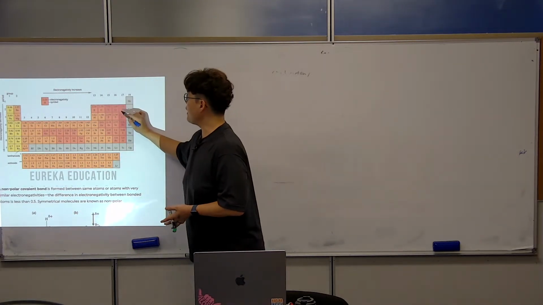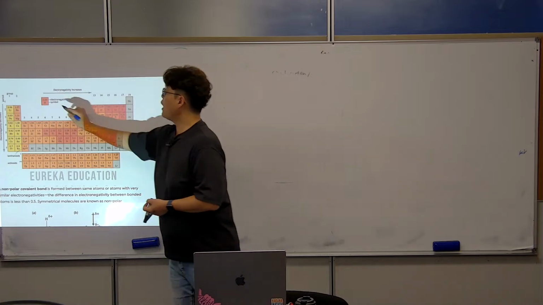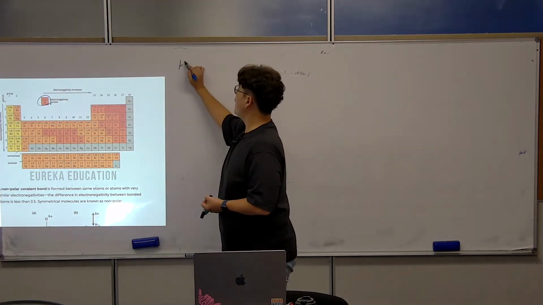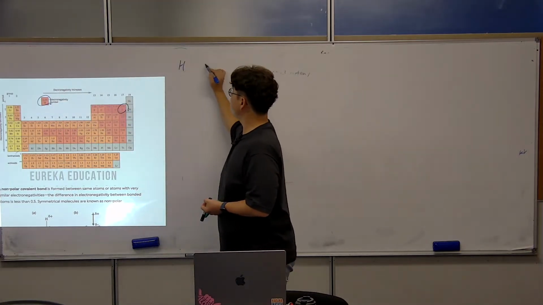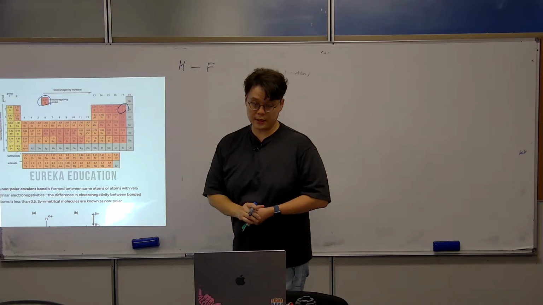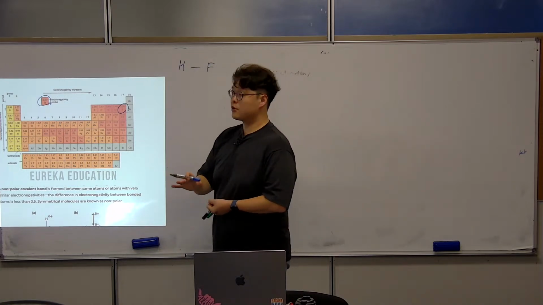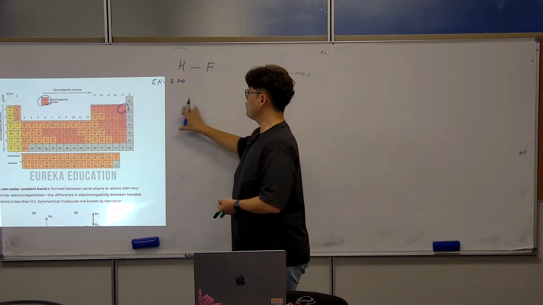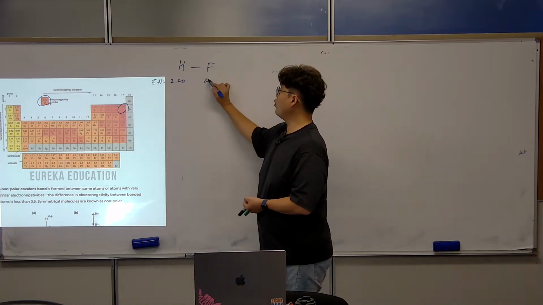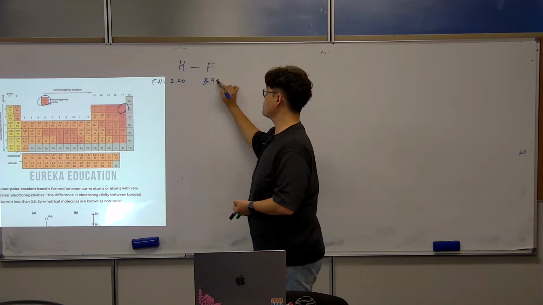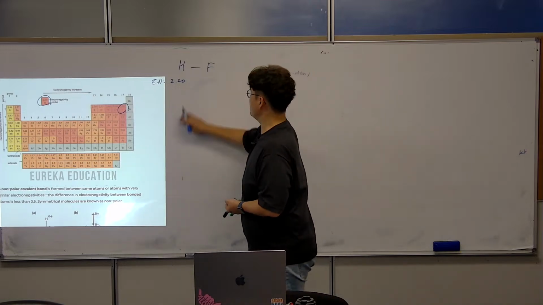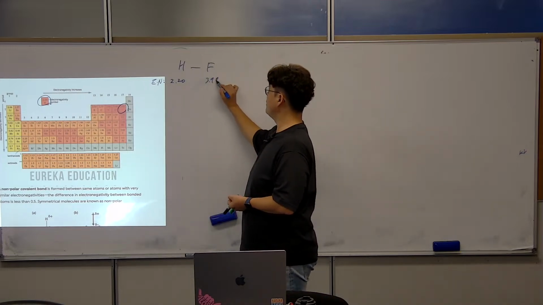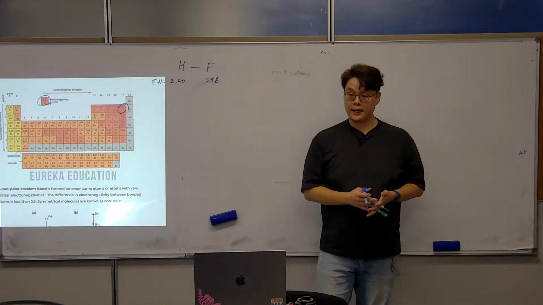So if we have a combination of hydrogen and fluorine, it goes like this. Hydrogen carries the electronegativity of 2.20. Fluorine carries the electronegativity of almost 4, but let's write the exact value, 3.98.